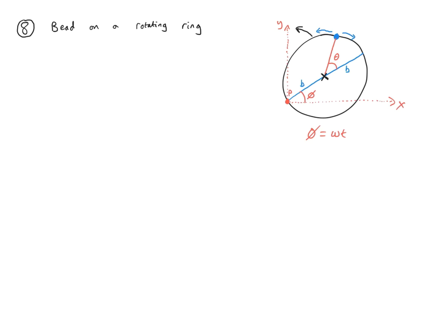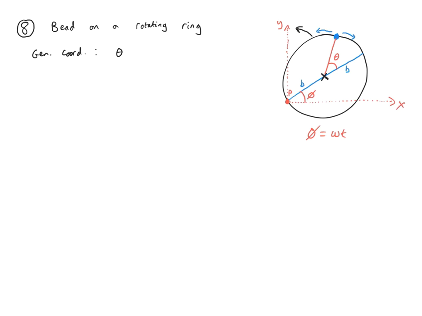So by choosing theta as our generalized coordinate, we're actually going to the co-moving frame of this ring, which is rotating. It's a very simple way of adopting the rotating reference frame. So the generalized coordinate that we'll choose here will be simply the angle theta as indicated on the diagram.